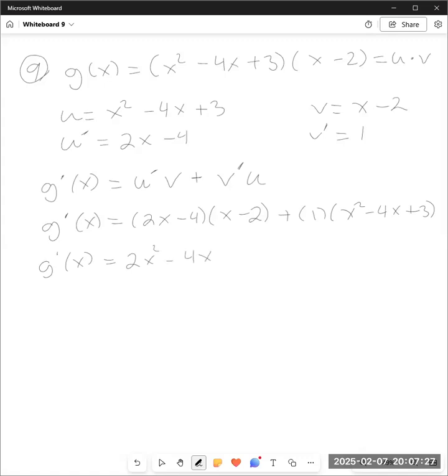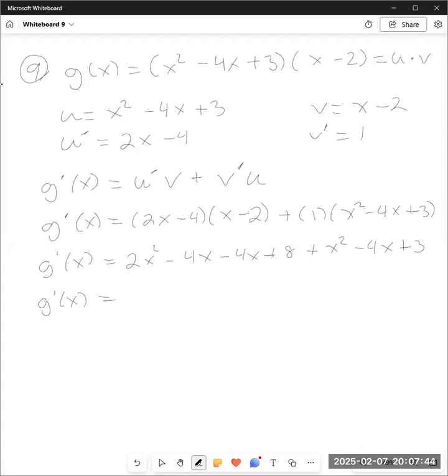Negative 4 times x is a negative 4x. Negative 4 times negative 2 is a positive 8. 1 times this is x squared minus 4x plus 3. So we have a g prime of x.